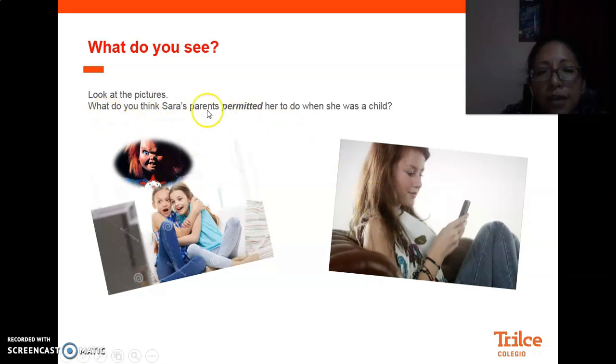What do you think Sarah's parents permitted her to do when she was a child? Permitted. Gave her permission to do something. It's like, for example, when in the middle of the class you want to go to the bathroom and you ask your teacher for permission to go to the bathroom.